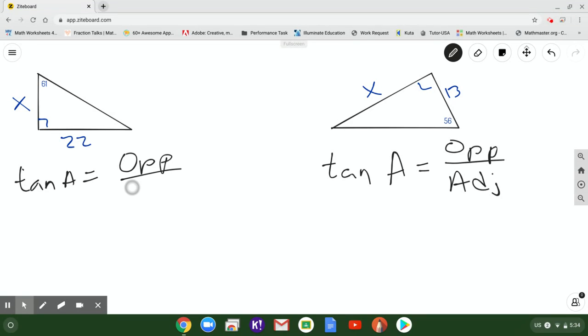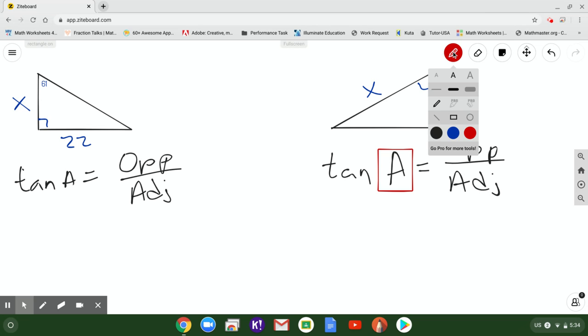So when you're looking at the problem, figure out what information you have. So I have this 56 degrees, which I'm going to go ahead and box. So this is 56 degrees. So that's going to go right here. So that's going to be 56. So let me turn this box off.